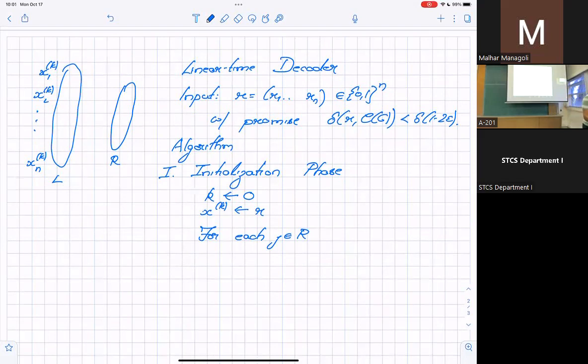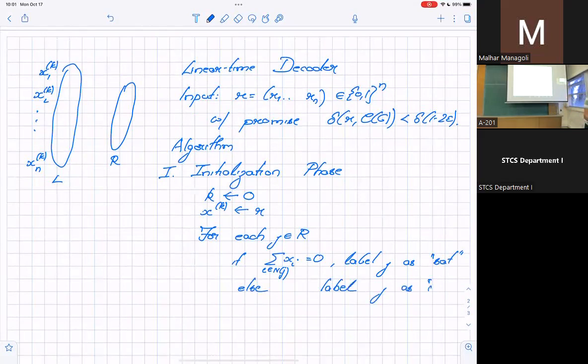If the summation of x_i for i in the neighborhood of j is 0, label j as sat, else label j as unsat.